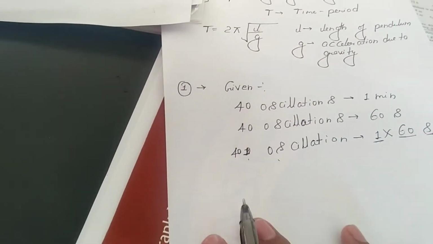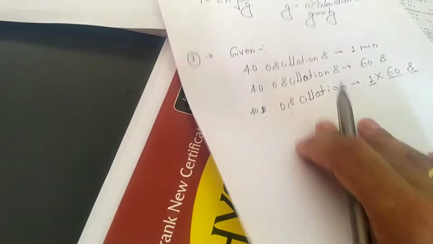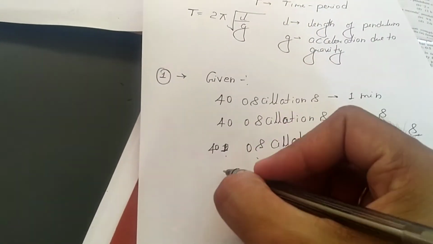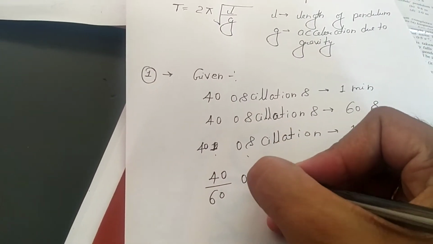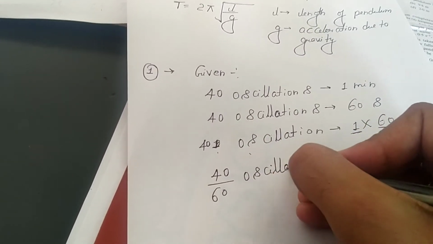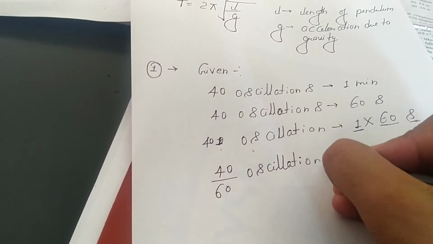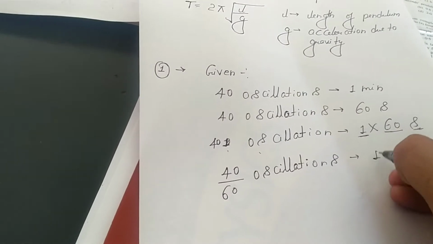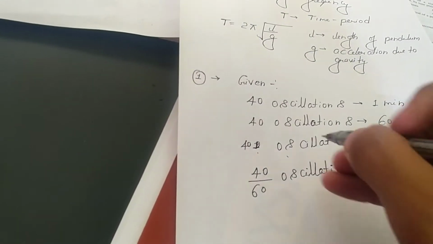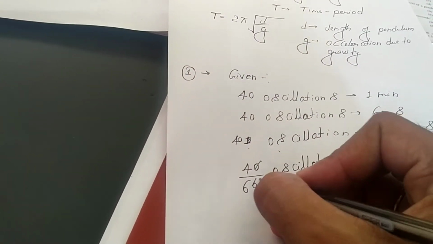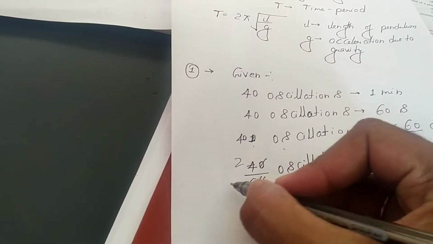Therefore, if I bring this downwards, it will be 40 upon 60 oscillations, and that will be in 1 second. So in 1 second how many oscillations are done? 40 upon 60. If I solve it, 0 cancels out, 2, 2, 2, 3.